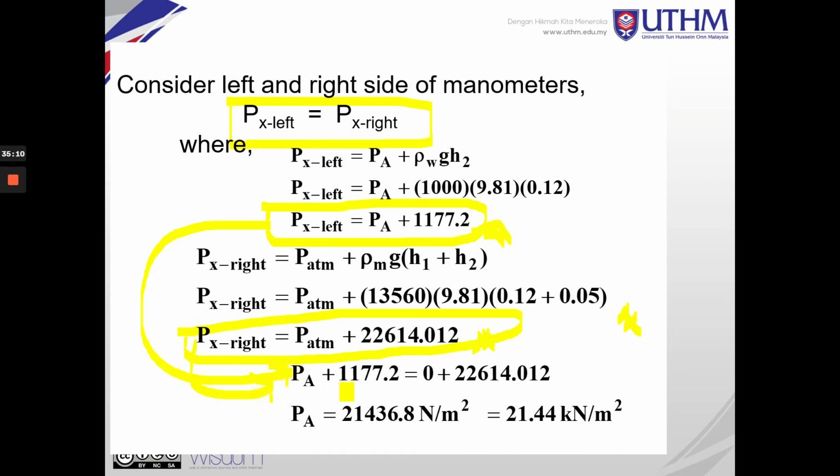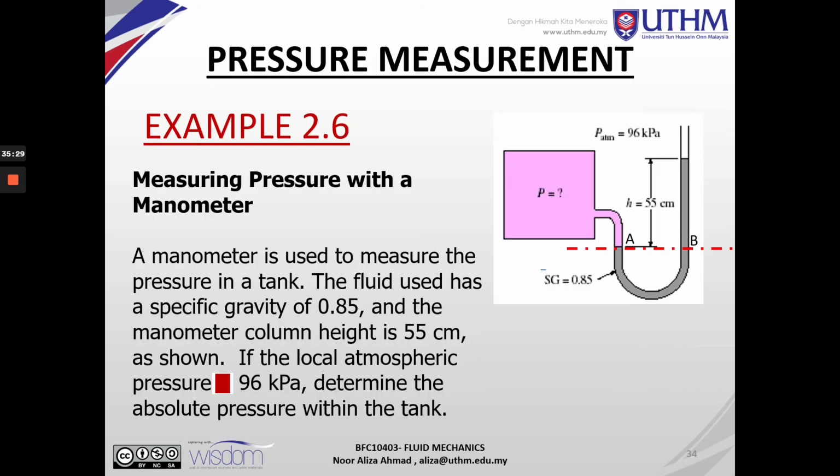So we get PA plus 1177.2 is equal to P atmosphere, which is 0, plus 22614.012. So we get PA as this value.